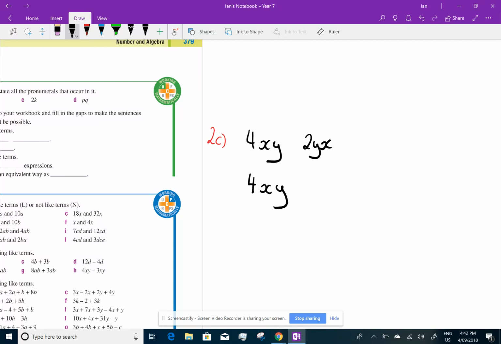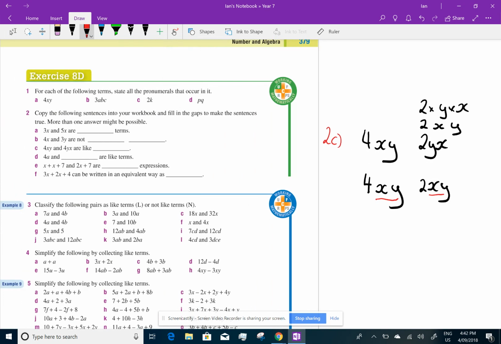Now remember, 2yx is 2 times y times x, and it does not matter which way we multiply. So I can change the direction of the x and the y. And if I do that, then they are like terms. They are exactly the same. So that's a bit of a trick there with C.